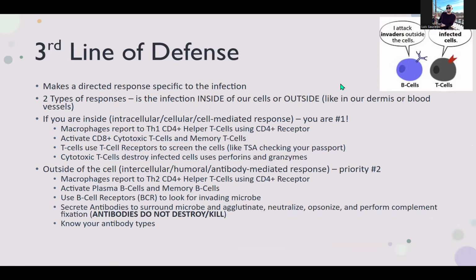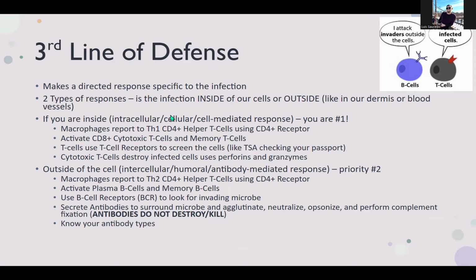One thing I did want to mention about this one, like I said, there's a lot of specifics here. This is mostly for my Bio 205 students, but I like to use the same slides because it does roll into their class. The biggest thing to remember for this one is that T cells are used in what we call intracellular, cellular, or cell-mediated responses.